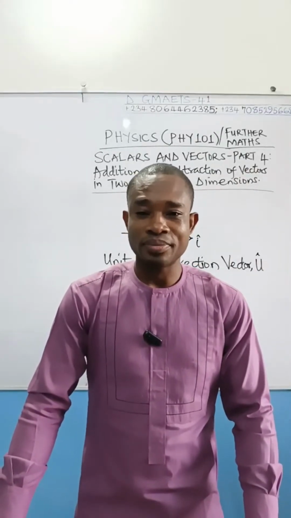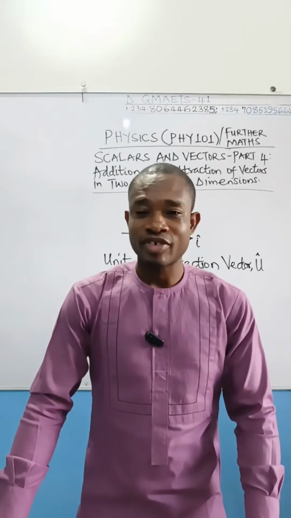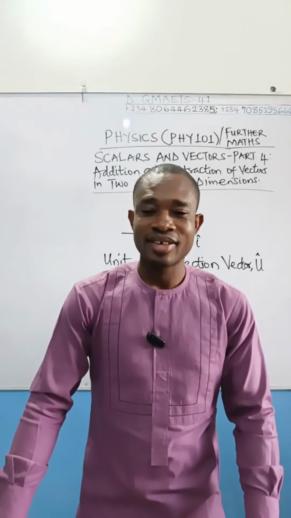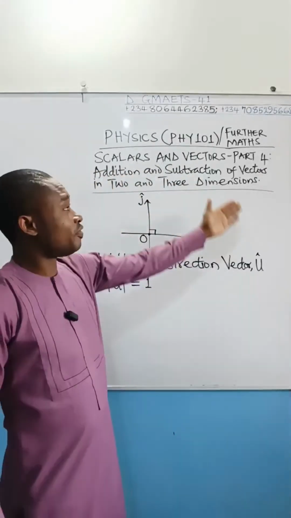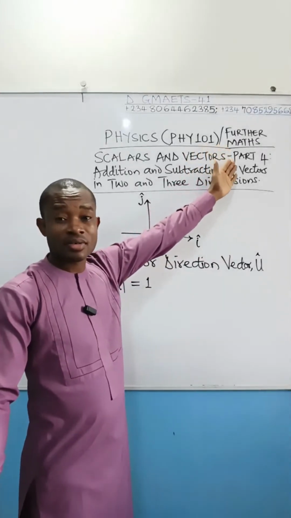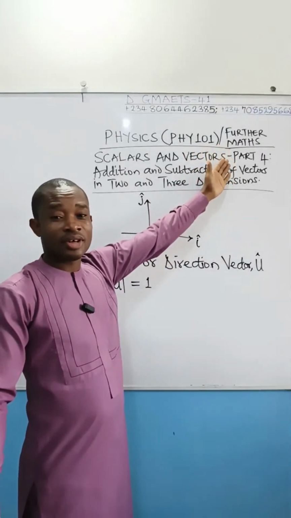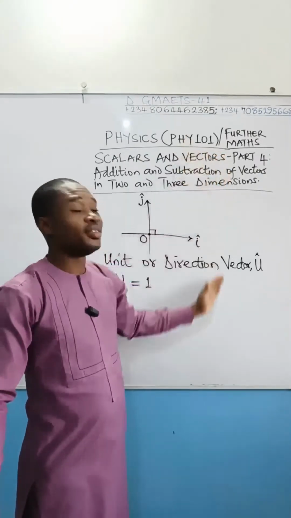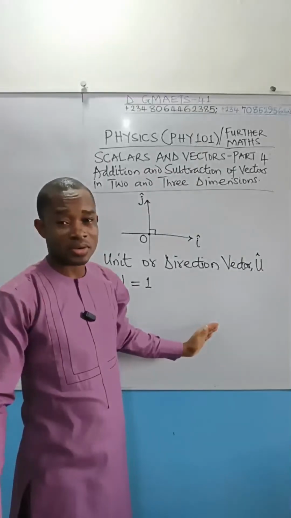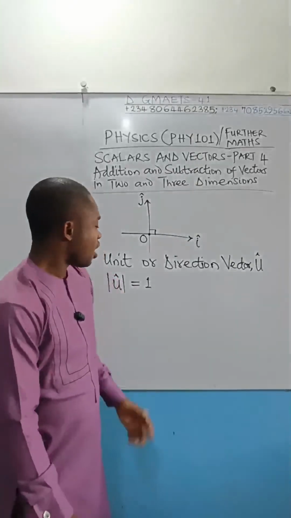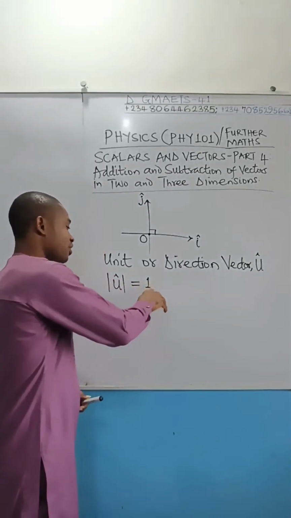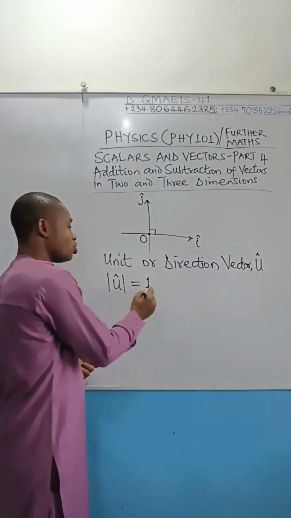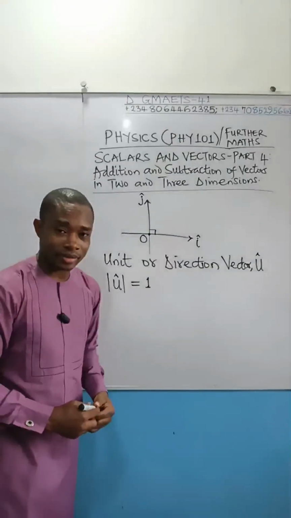Vector is one of them, most specifically. So if you are offering further mathematics or advanced maths, you can actually meet this in your mathematics course. I've defined what a unit vector is. A unit vector is a vector whose magnitude is equal to what? 1.